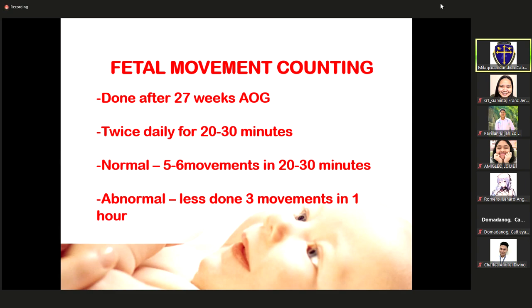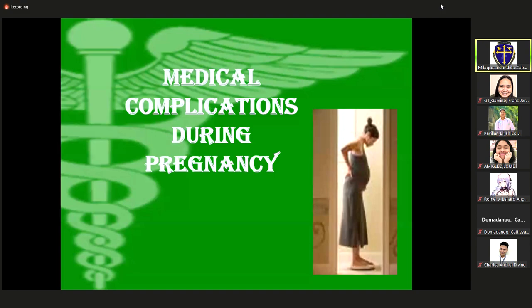So you really have to have the patience here to count. And you have to instruct the mother also because she is the one that feels the movement of the baby. No? Ang atin is to instruct the mother how to count every time the baby moves. Alright?